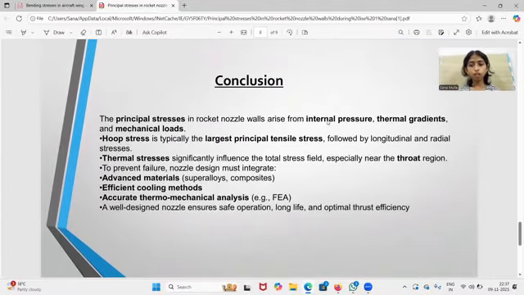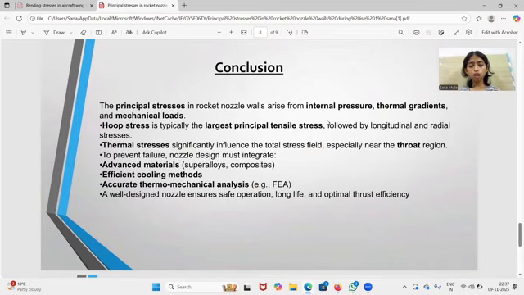Moving ahead, as far as we have seen, the principal stresses in rocket nozzle walls are caused by internal pressure, thermal gradient, and also mechanical loads. We've seen hoop stress, then thermal stresses.